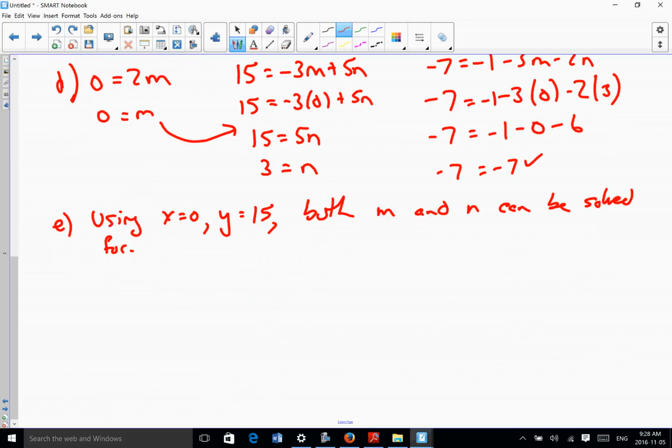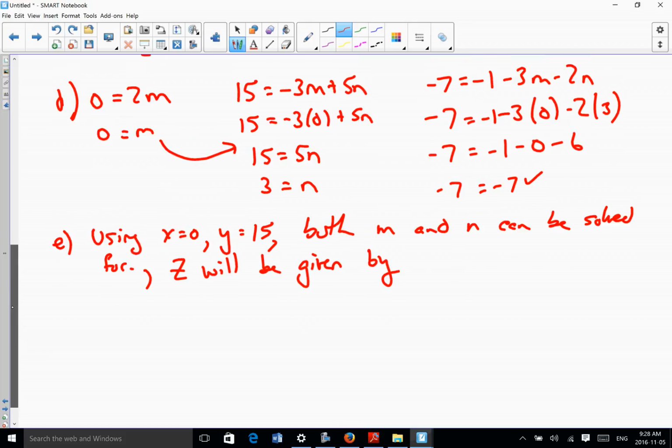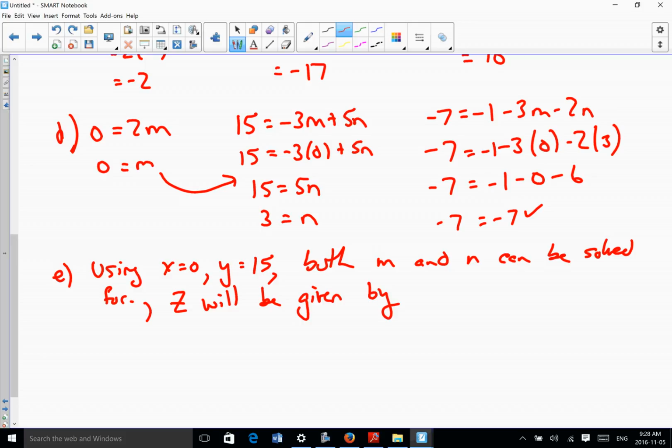Once I know what m and n are, z will be given by the equation z equals negative 1 minus 3m minus 2n, where m equals 0 and n equals 3.